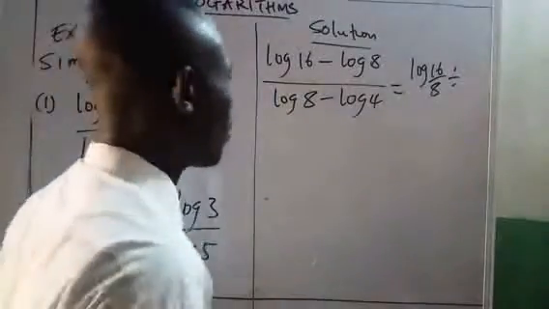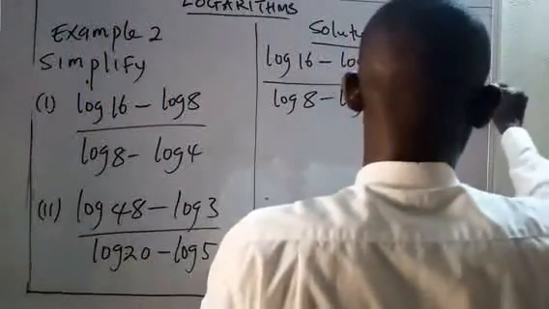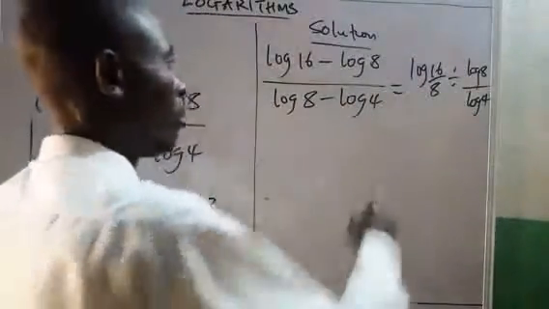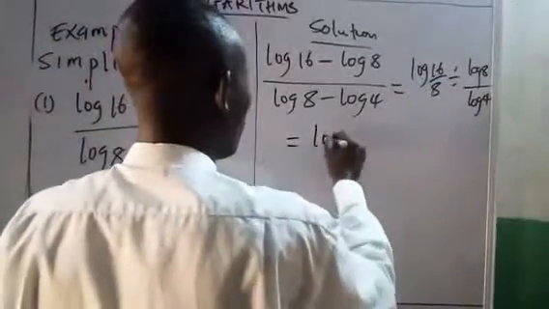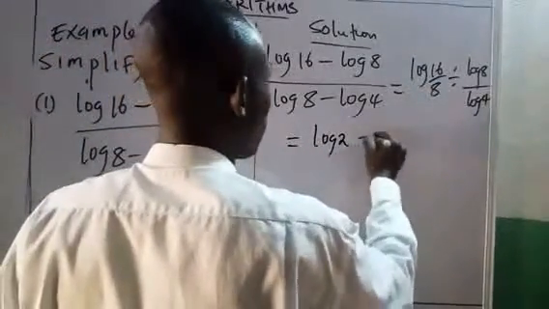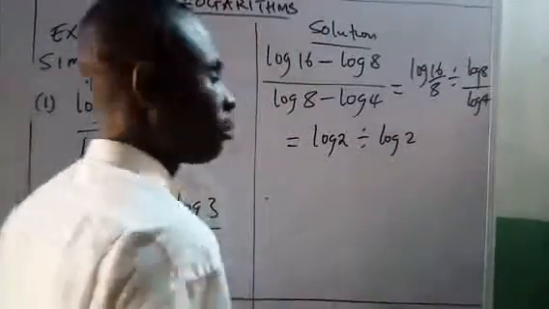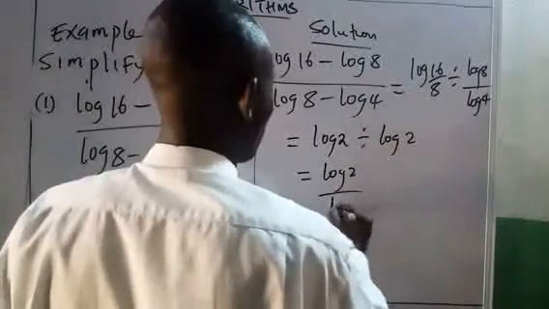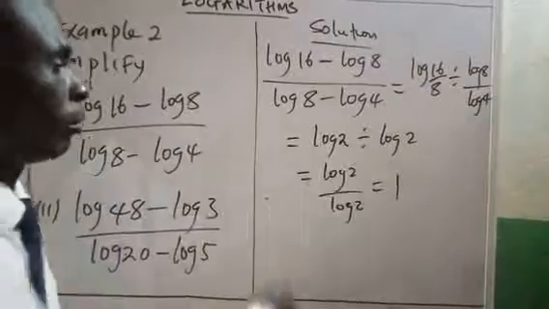This line represents division line, over log 8 over log 4. So if you divide this, 16 divided by 2 is what? Log 2, divided by what? This divided is also log 2. So we have log 2 over log 2, which is equal to 1 when you cancel out.